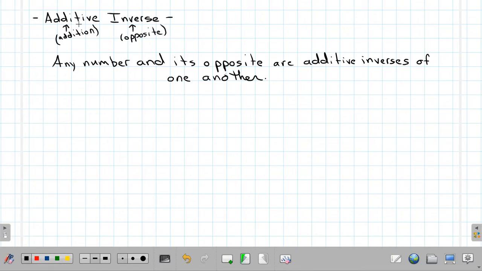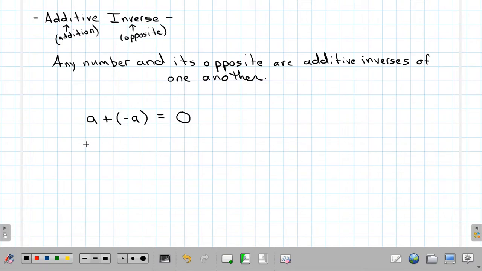We're going to add the opposite. So if we have a number A and we add to it its opposite, in this case negative A, where opposite just means the opposite sign, that is always going to give you the additive identity, or 0. So a number plus its opposite equals 0.